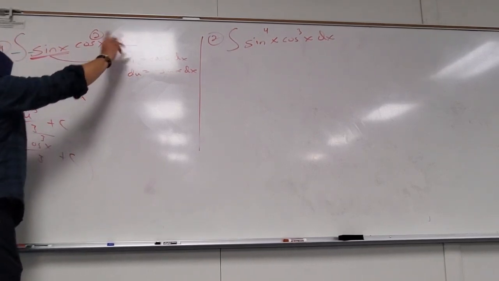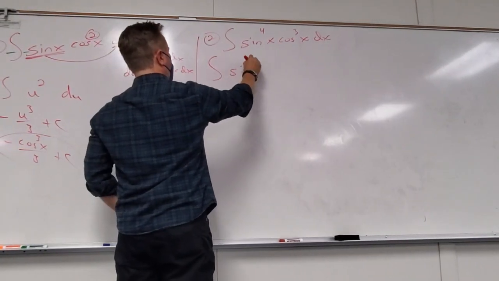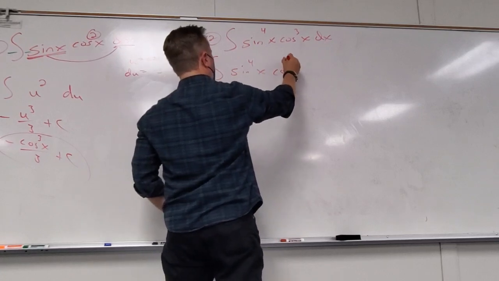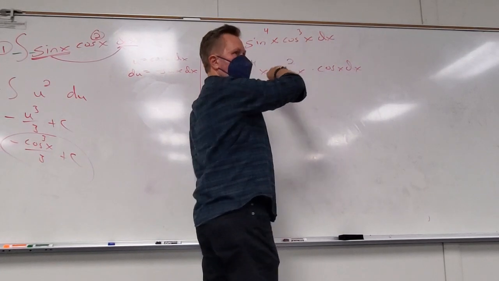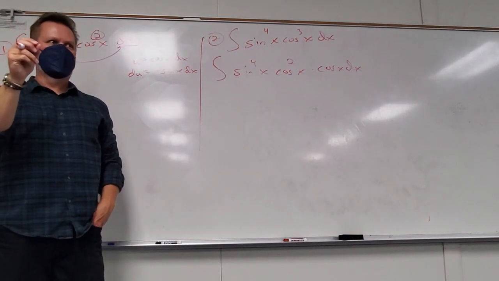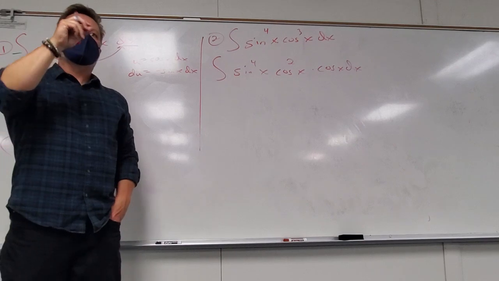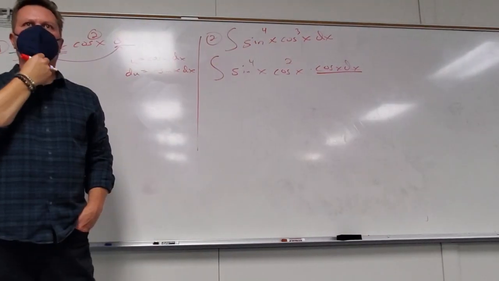Okay, let me see if I can make this make sense. So this guy I could break up like this. He's got the odd guy out, yes? When it's sine and cosine, that's what you're looking for. And let me show you why that makes sense. Because now, what is u going to be to make that du?